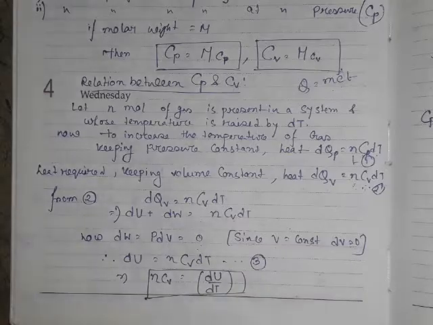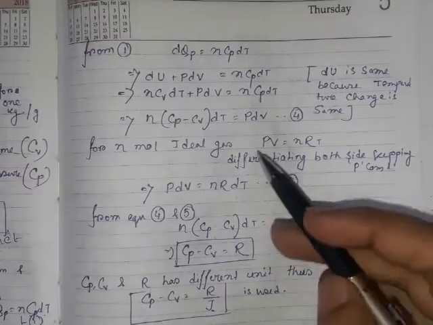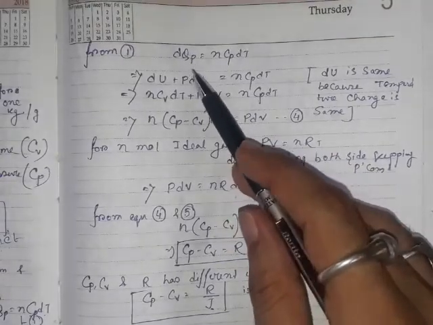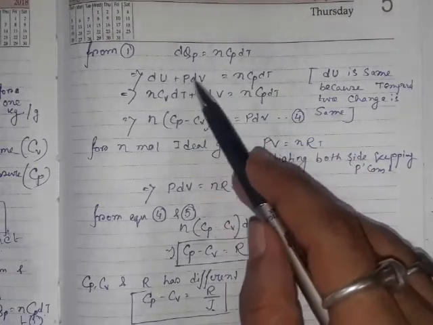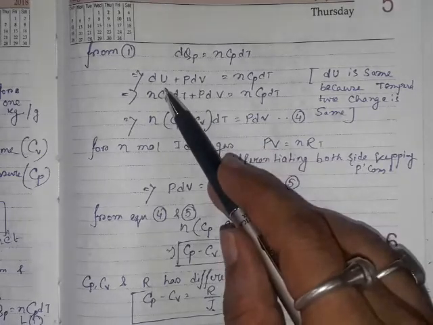Now using the same approach for dQp, dQp is n Cp dT, and dQp can be written as dU plus PdV. Why is this dU?